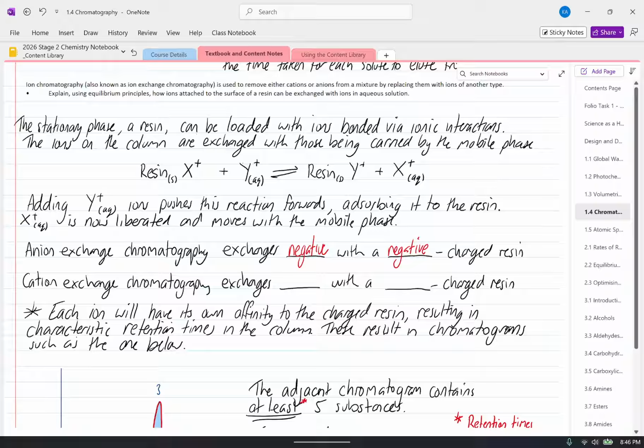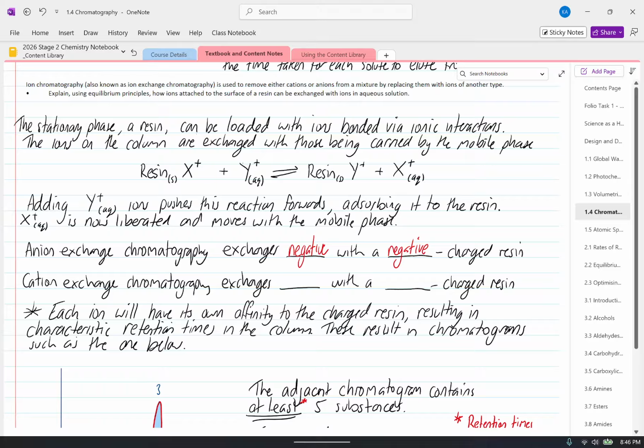So now it says here each ion will have its own affinity to the charged resin, resulting in characteristic retention times in the column. Now, what this means is if you have the resin that is loaded up with one ion, it is going to be able to swap out with a whole bunch of different ions.